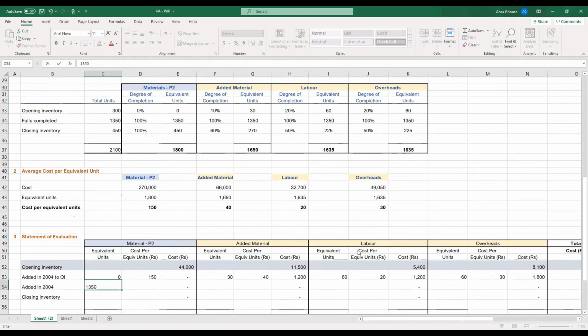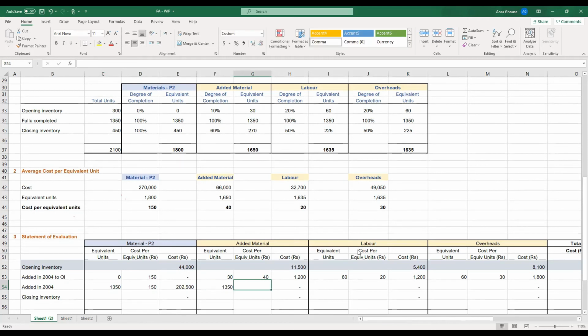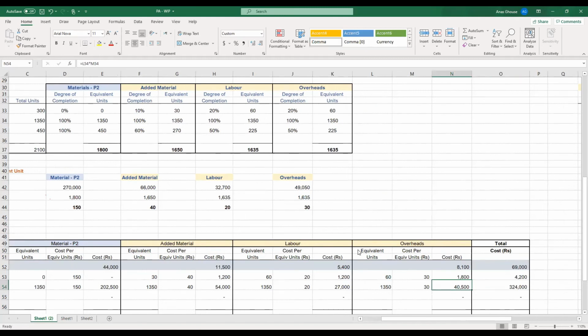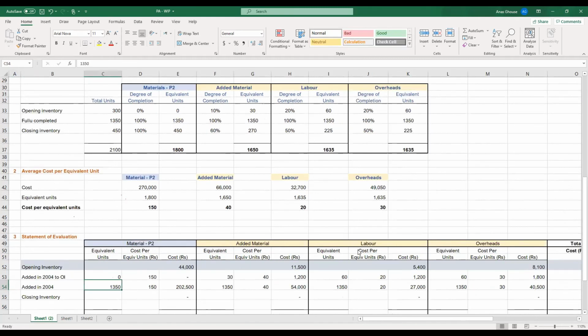From process 2, the cost per unit is 150. And here 1,350 times 40. Since it is fully completed, 1,350, the cost per unit for labor is 20. Overhead cost also 1,350, the cost is 30. So therefore, the total cost will be 324.